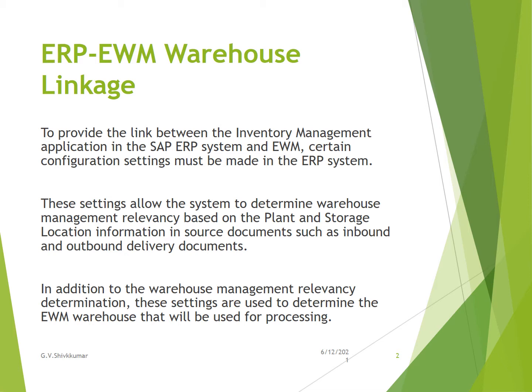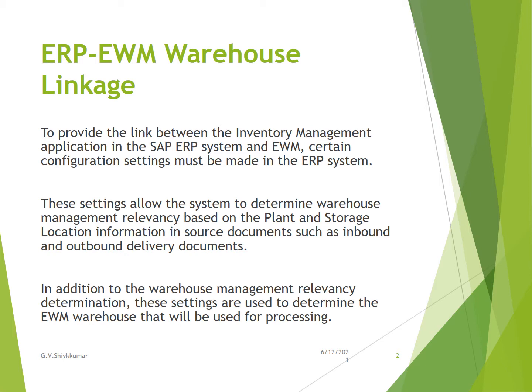These settings, that is the link interface settings or integration settings, allow the system to determine the warehouse management relevancy based on the plant and storage location information in source documents such as inbound and outbound delivery documents.